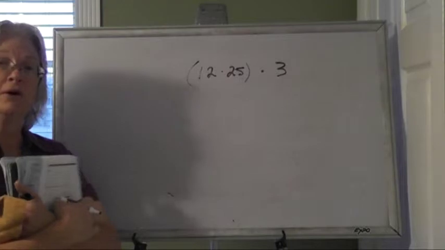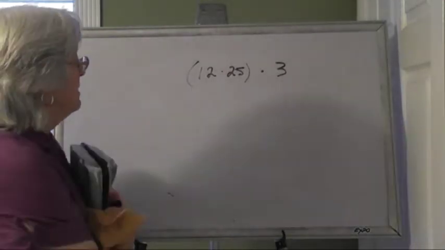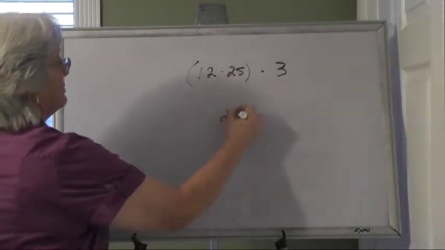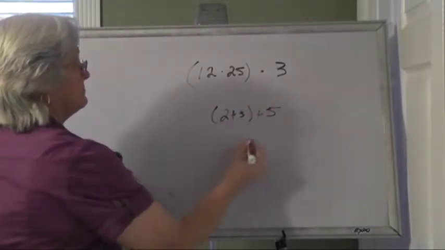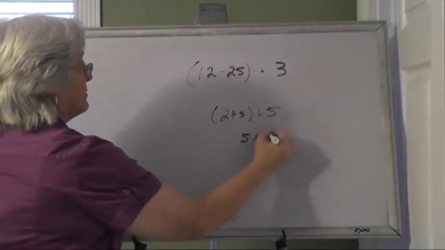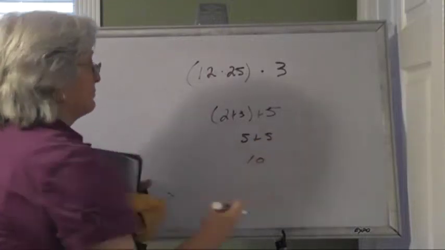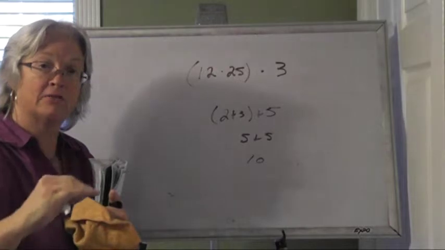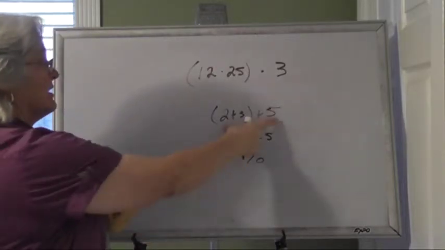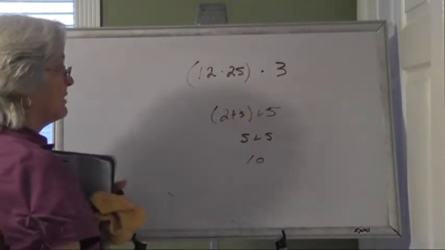Now, we've learned here, in addition, that if we have 2 plus 3 plus 5, 5 plus 5 is equal to 10. We followed a regular order of operations, worked from the inside out of parentheses, then addition in order from left to right.